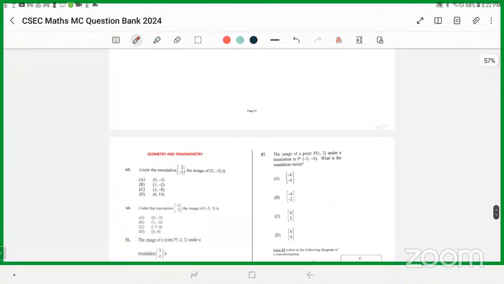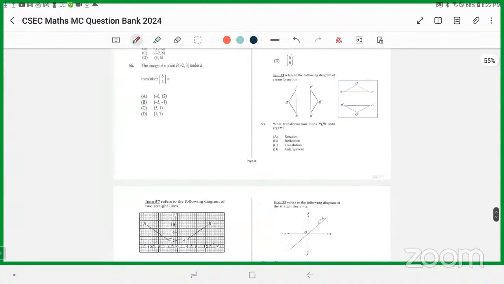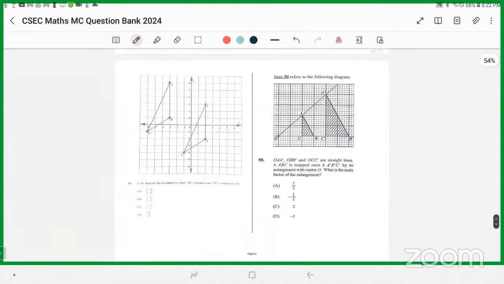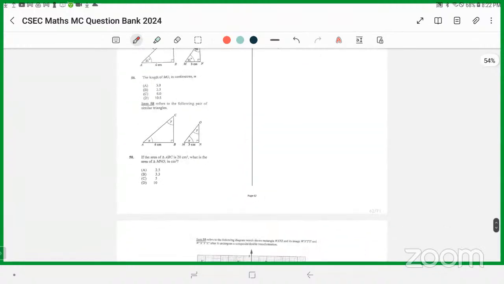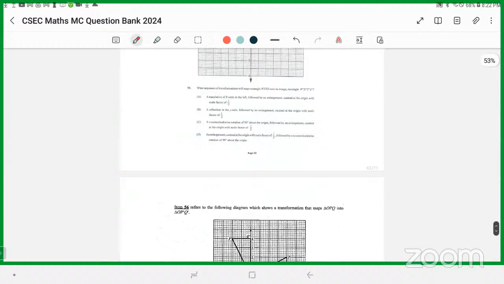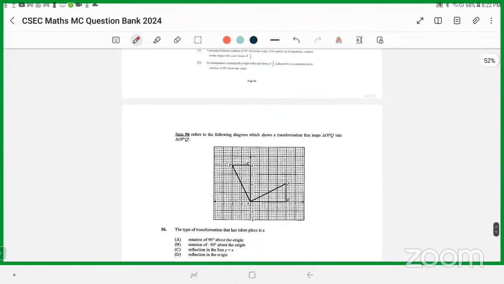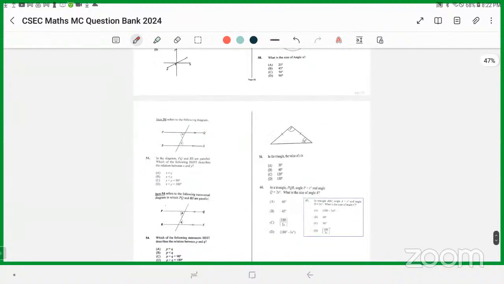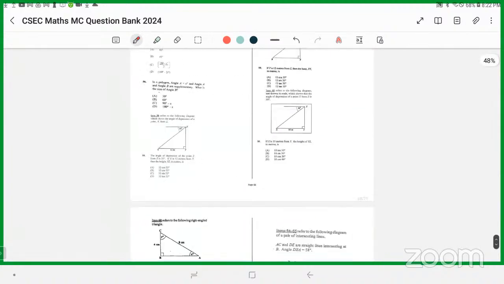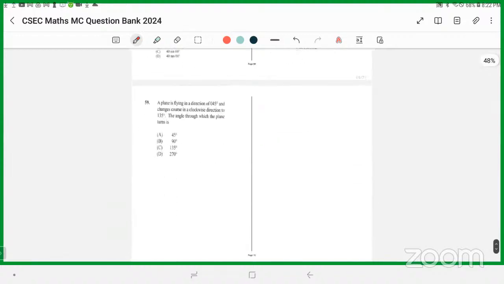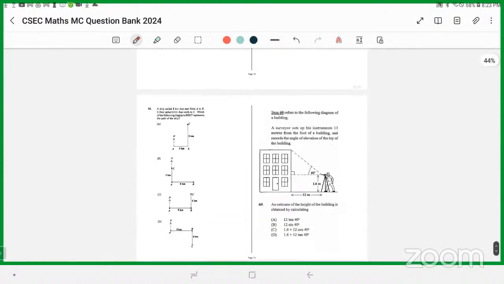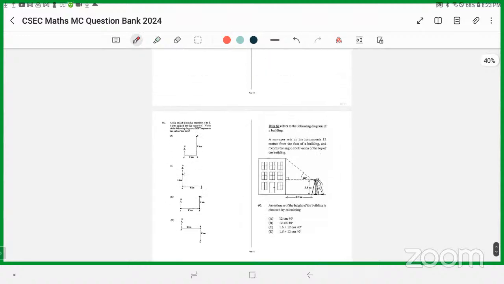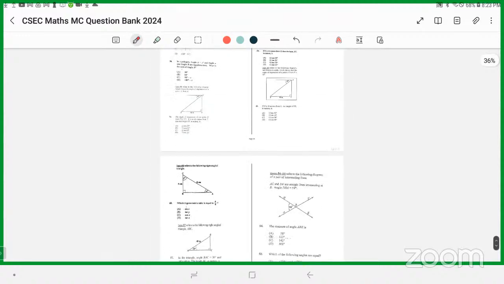That's one topic. 11, 12, 13, 14, 15, 16. Some of these pages have like one question on them. 17, 18, 19, 20, 21, 22, 23. Like one question on this one. That's 24 down there, and 2 topics.